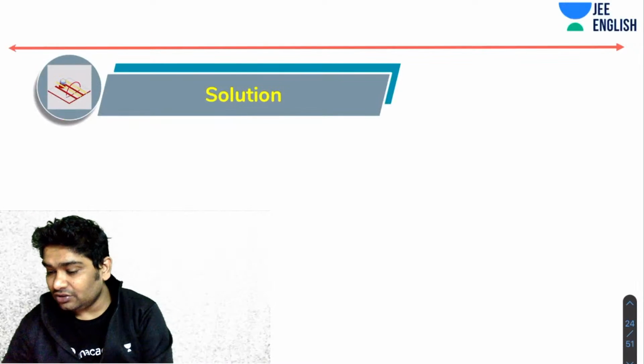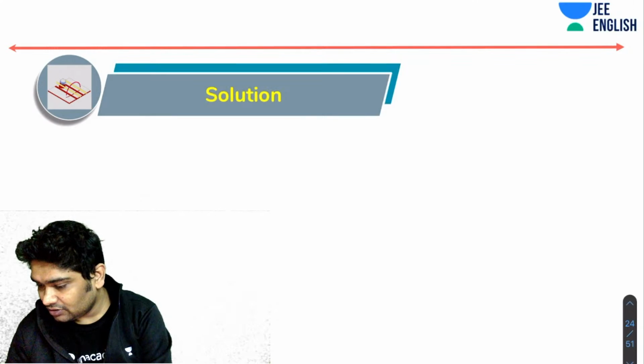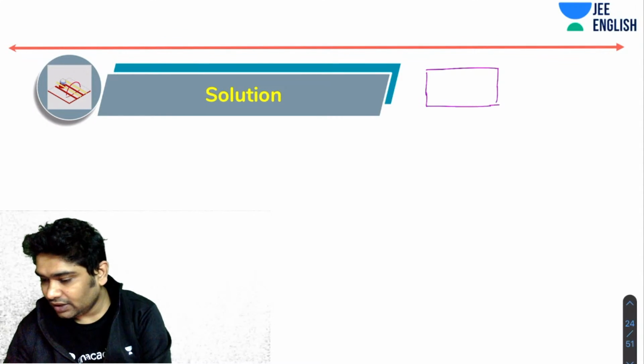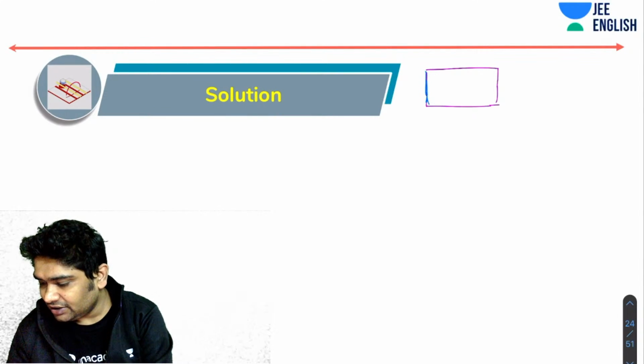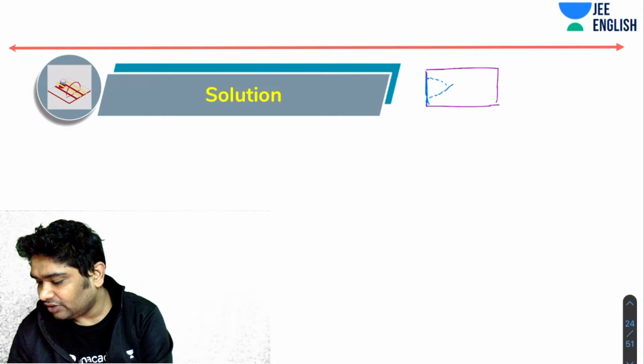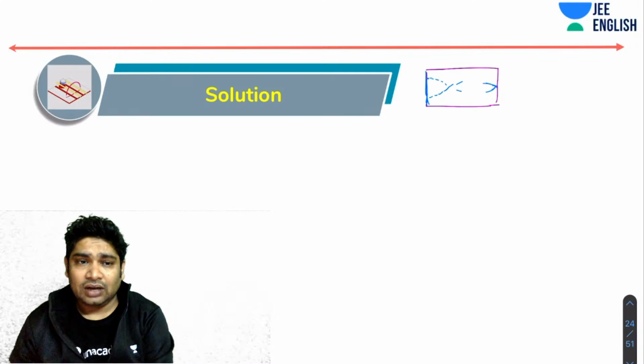So you guys know that if I talk about both of these sections, let's talk about the section AC. In section AC, you know that here has to be an antinode, and then somehow after some loops, you should have a node here.